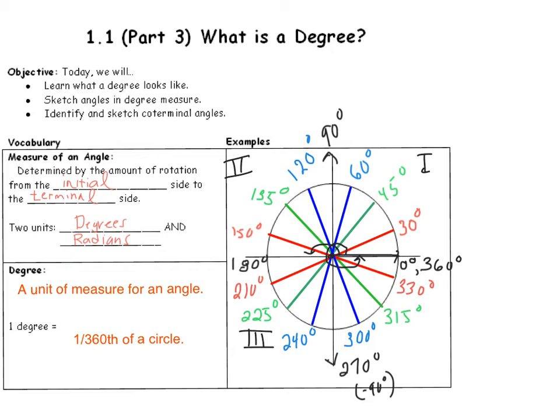So what you're going to notice is that these red ones are always 30 degrees from our axis in there. Our green ones are always 45 degrees from our nearest x-axis, and our blue ones are always 60 degrees from the nearest x-axis. We'll define this later. The relationship is that's the reference angle, how far they are away from the x-axis.